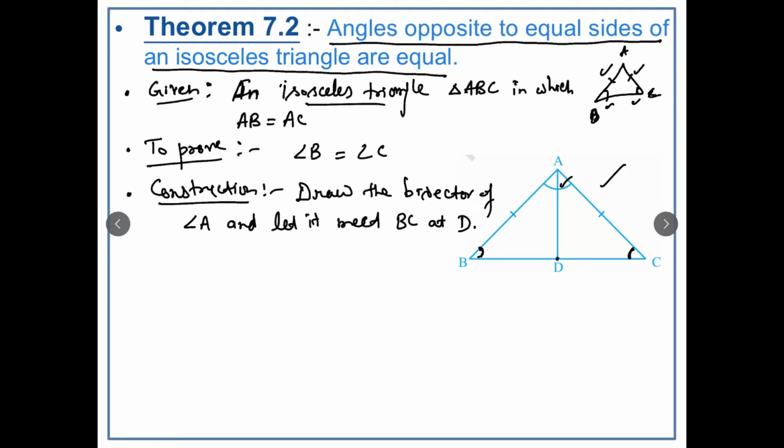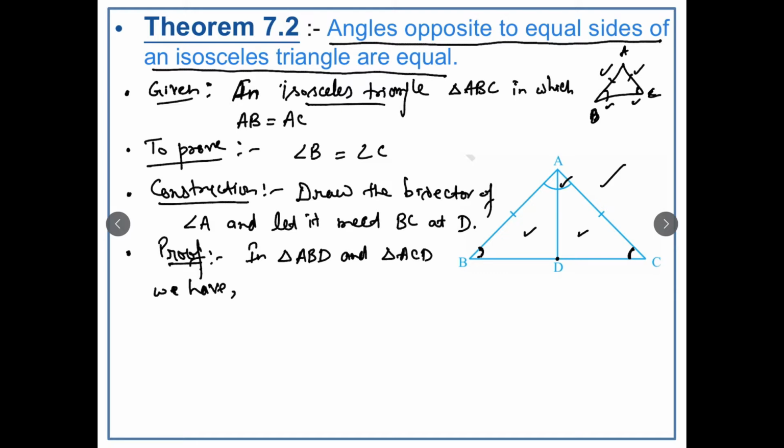Now let's start the proof. It's very simple. We'll start with these two triangles, triangle ABD and triangle ACD. In triangle ABD and triangle ACD, we are given that sides AB and AC are equal.